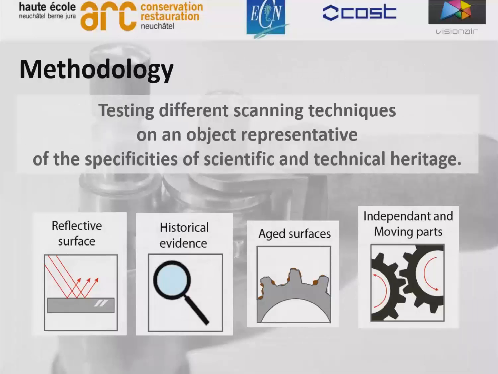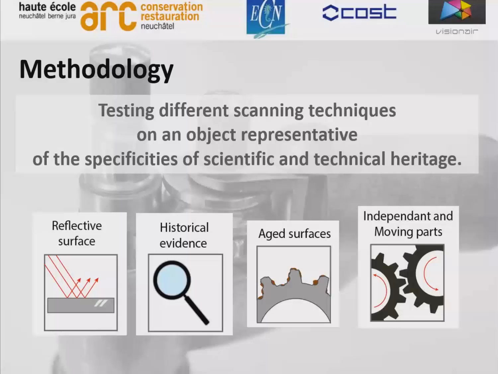The methodology of the TNA was to test different scanning techniques on an object representative of the specificities of scientific and technical heritage. I mean by that, for example, reflective surfaces, because all the objects are made of metals, and we know that it's not easy to scan metallic surfaces.